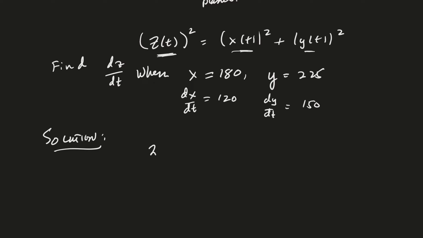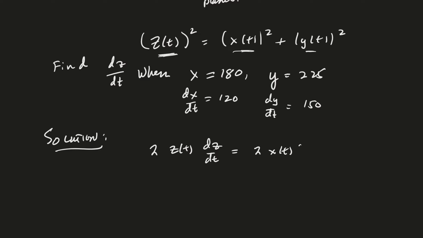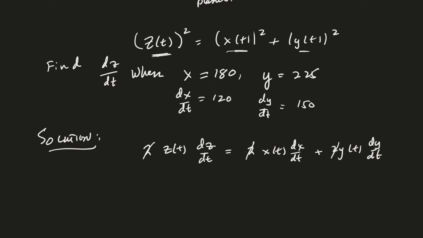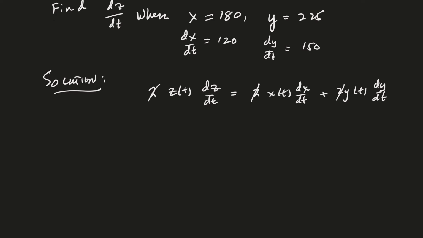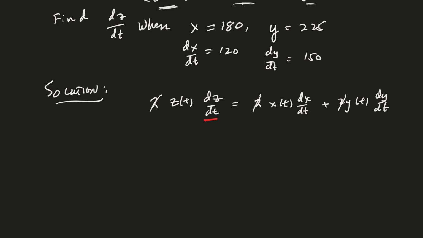And so if we use our chain rule, that'll be 2 times z of t times dz over dt is equal to, again, these are going to be two chain rules, 2 times x of t times dx over dt plus 2 times y of t times dy over dt. Just to simplify things a little before we start plugging in numbers, we can get rid of the 2's. And as a reminder, we're trying to find dz over dt.